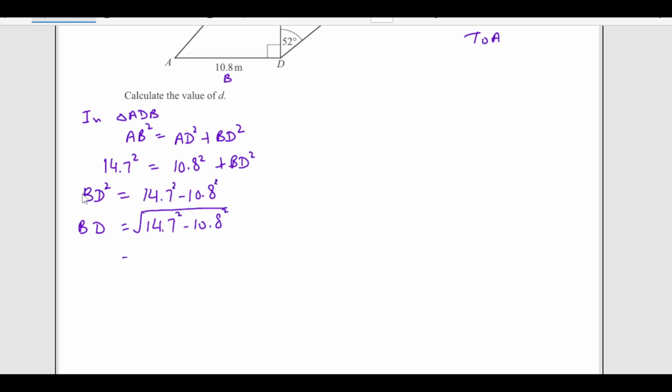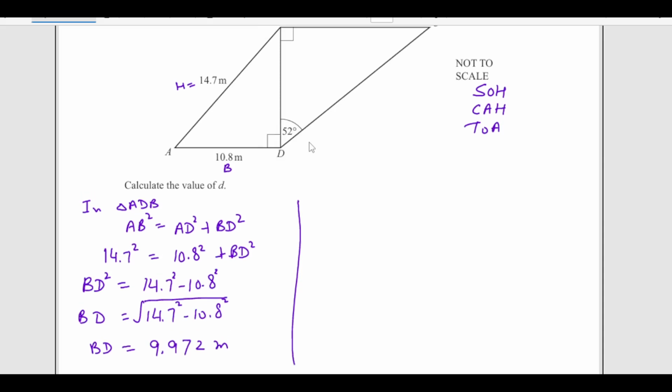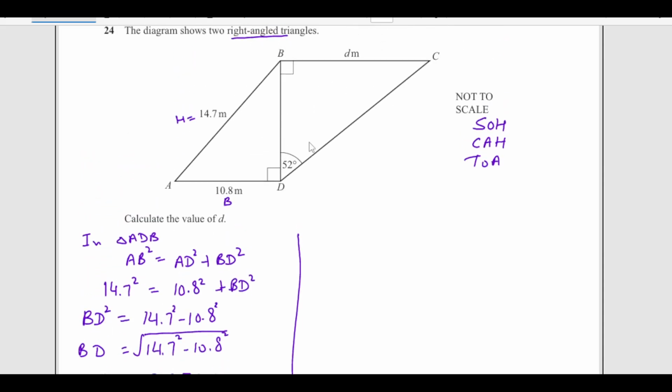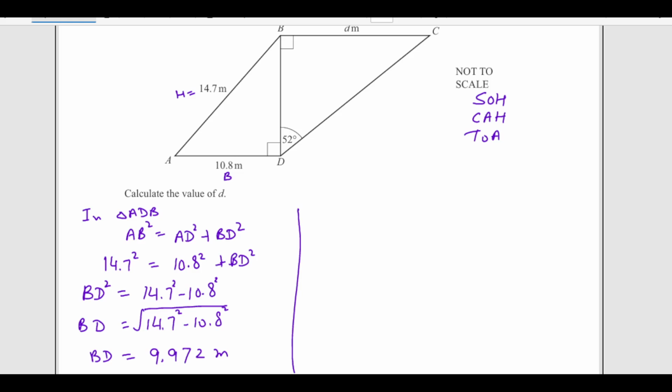Okay. It is 9.972 meters. So, we got 9.972. I am writing it to 3 significant figures, 9.97. We got this BD.